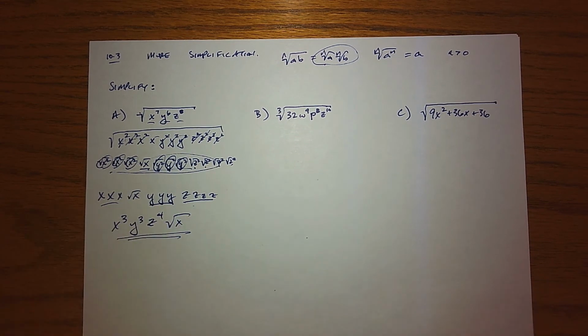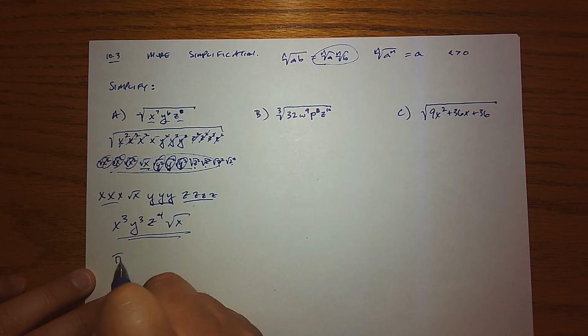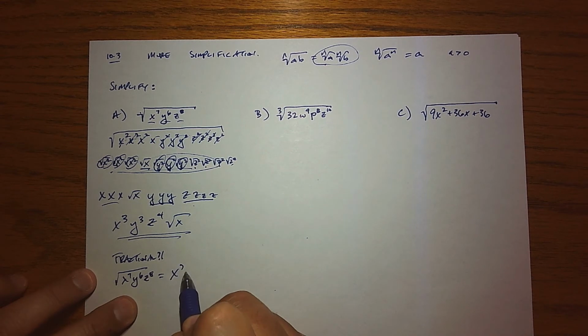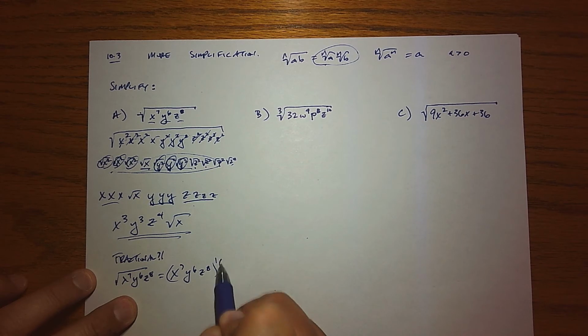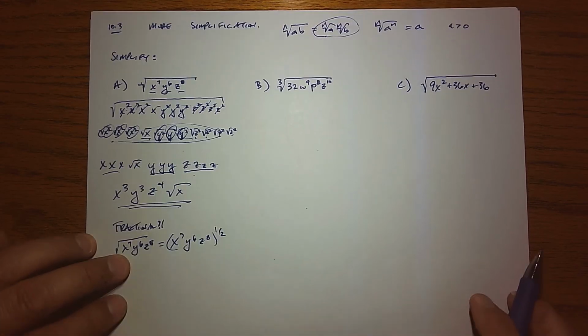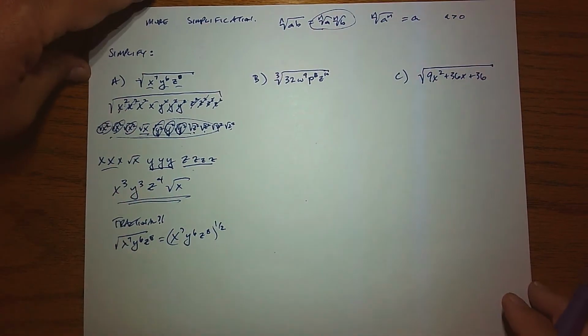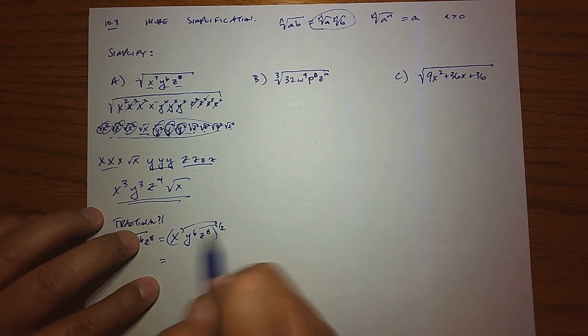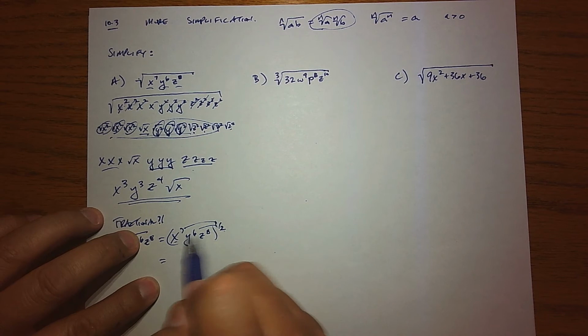And of course, if you want to use the fractional exponent idea, check this out. This might even be a bigger shortcut. The square root of x to the 7th, y to the 6th, z to the 8th turns into x to the 7th, y to the 6th, z to the 8th, all to the 1/2 power. And now when I work with my exponents, right, we have a power of a product, and we also are multiplying exponents.